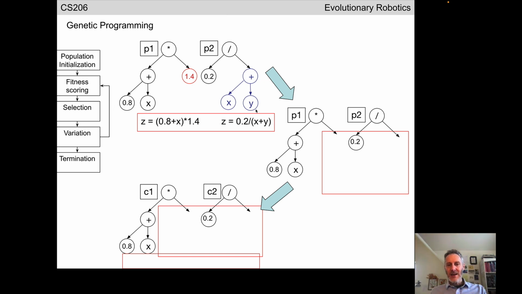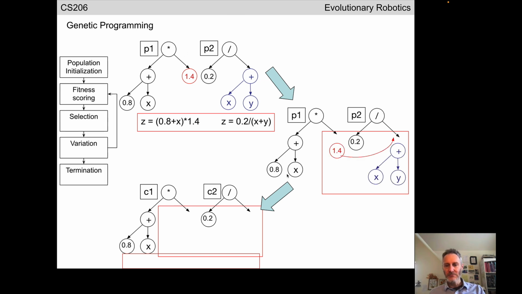We then pull off of these two parents the subtrees that are to the right side of the cut point. So I pulled off 0.1, and I've pulled off x plus y. And we swap them.